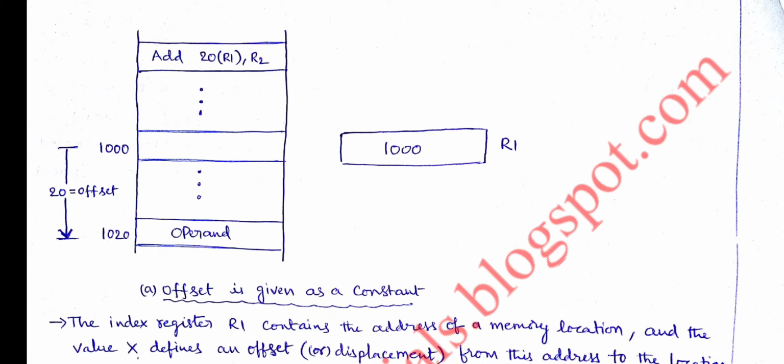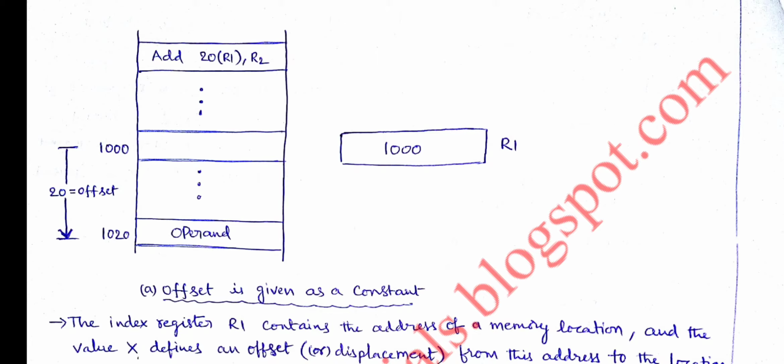So for getting the operand, that means 1000 plus 20. The address 1000 plus 20 contains the operand. This 20 is called the offset value. So this is called indexed mode.